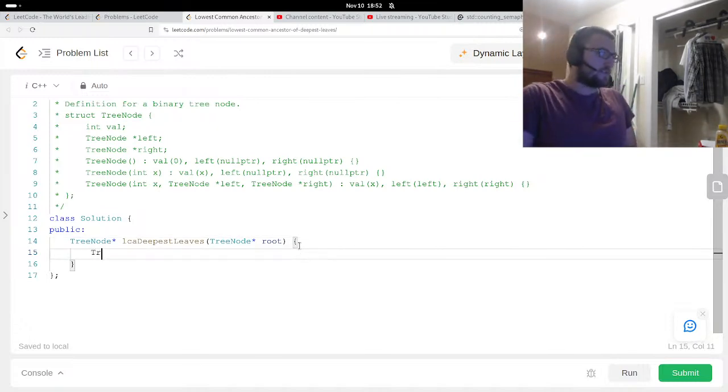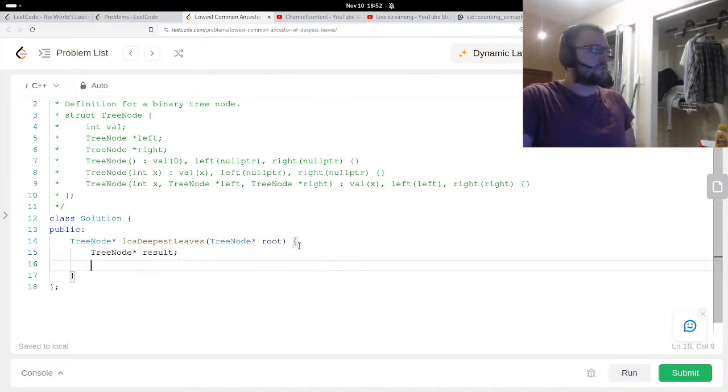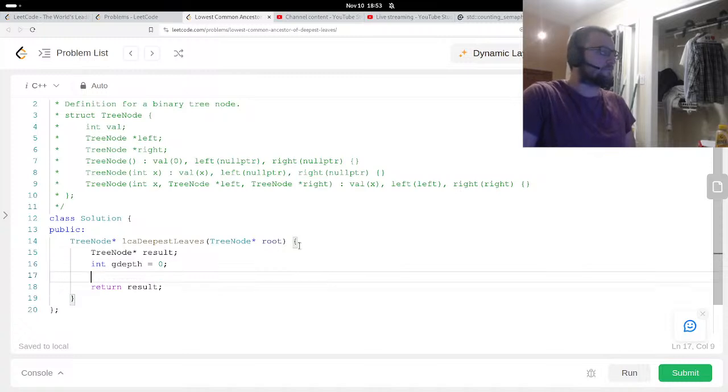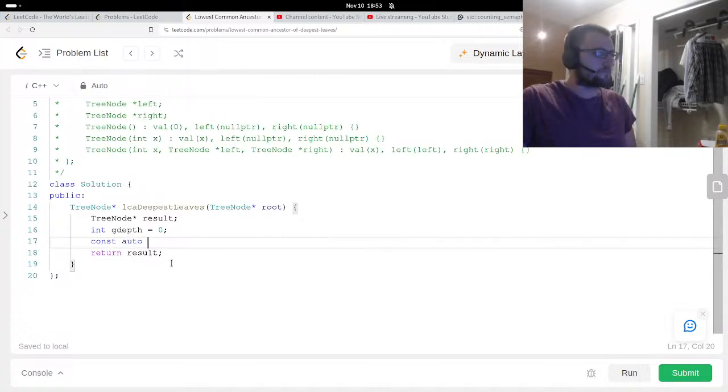Alrighty. So tree node result, return result. We're going to DFS int deepest, greatest depth, or G depth. Start off at 0. DFS1.